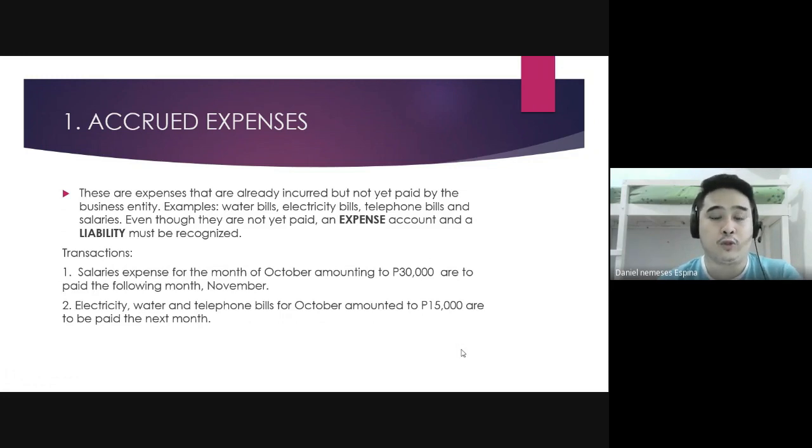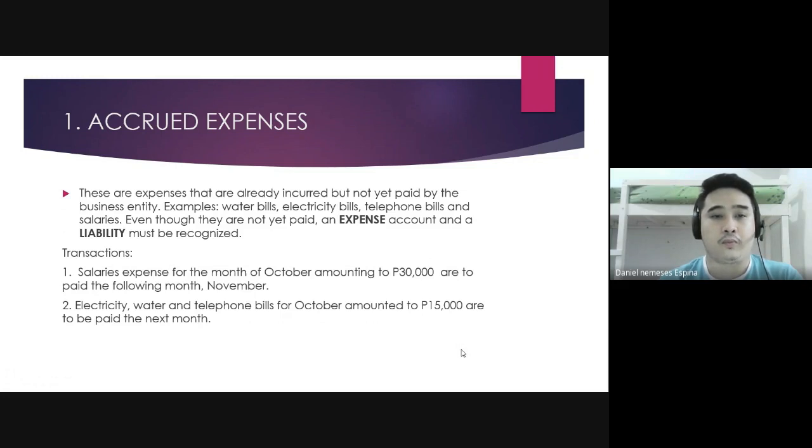So, for example, today you receive a bill from the water district. That bill that you pay for this month is related to the previous month. So now that it is November, mostly the bills are expenses that were incurred in October, but will be paid this month.